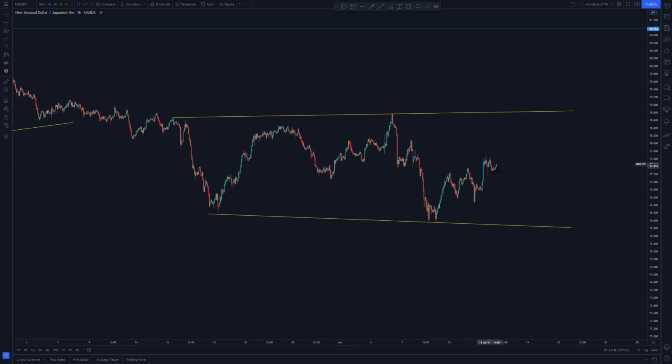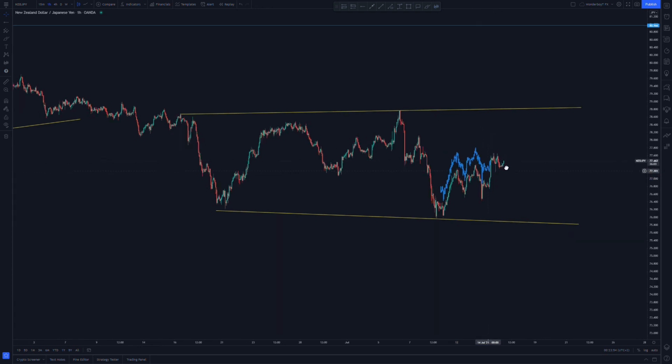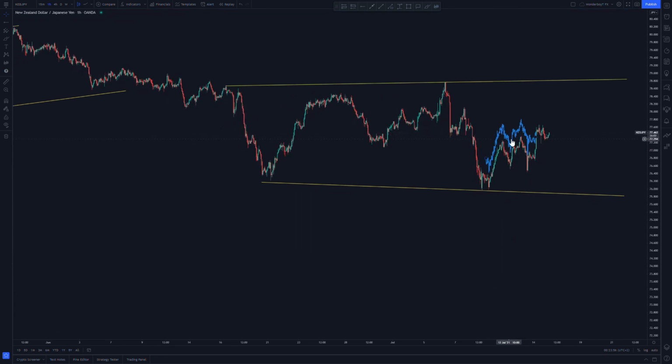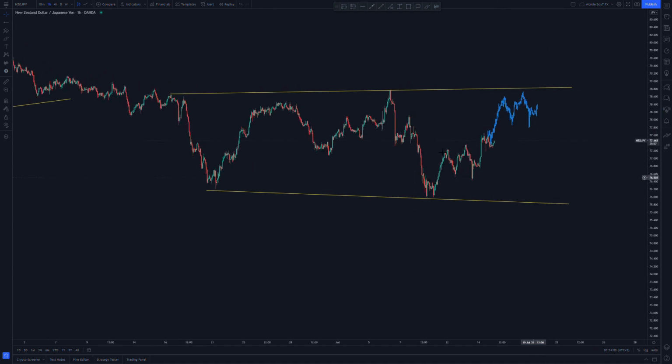It might happen that we move this way all the way to these areas here, something like this, of which will be 1, 2, 3, and then take it from here to the downside. So just waiting to see how price is going to develop during the week.